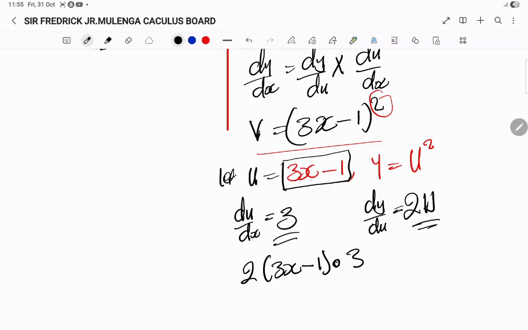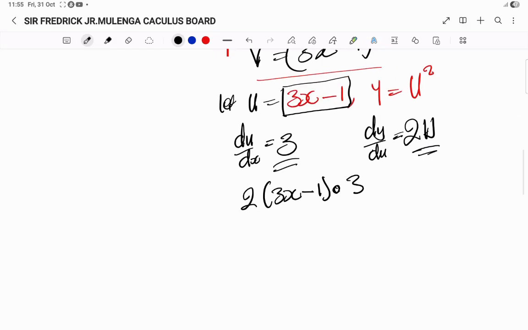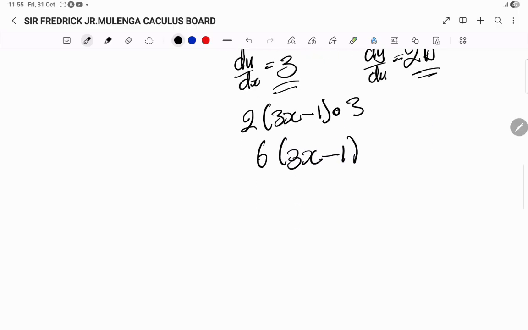All right. So now we can go ahead and expand this one. We can deal with 3 times 2, we are going to have 6, x minus 1, just like that. Then we multiply 6 times 3, we're going to have 18x. 6 times 1, we're going to have 6 here.